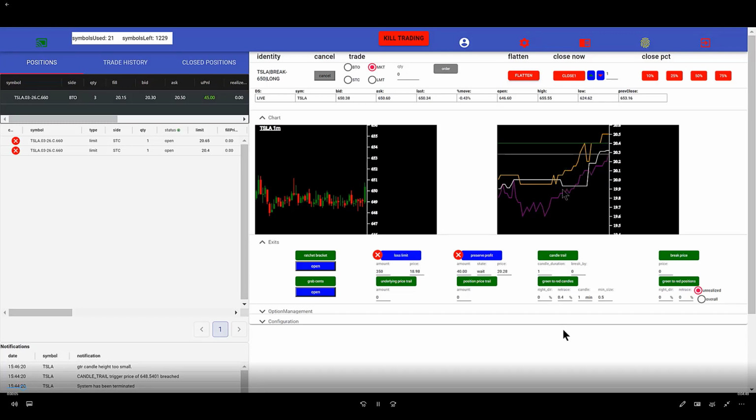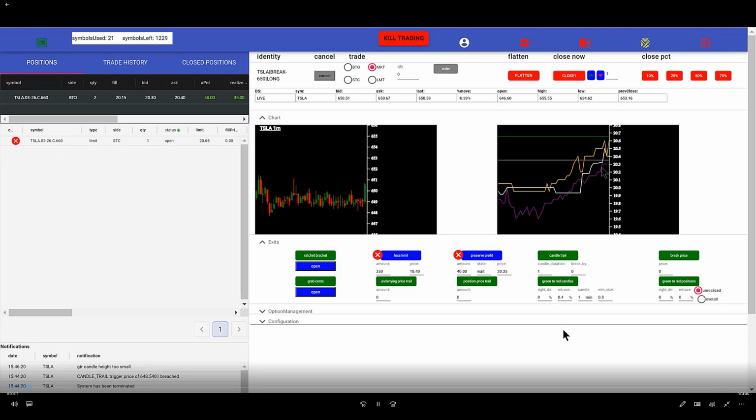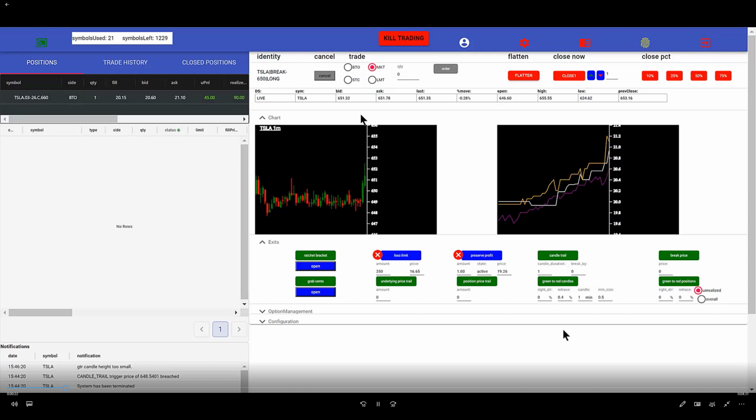So the bid is this purple, the ask is the yellow, and the white is the last. So that's the most recent price that traded. And then here's my target price. So you can see I actually picked up, I started recording in the middle of this trade, but this was Tesla at the end of the day breaking out, and so I've already caught $90.